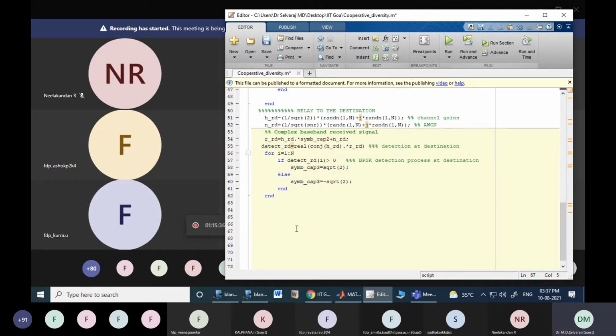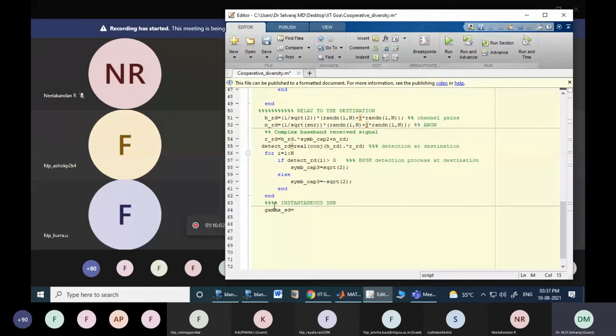Now everything is ready. Now we have to generate the instantaneous SNRs. So the instantaneous SNR, let us call it gamma underscore SC is equal to.